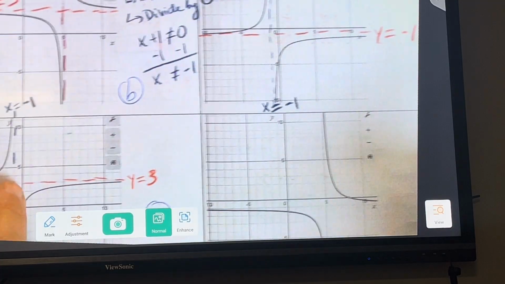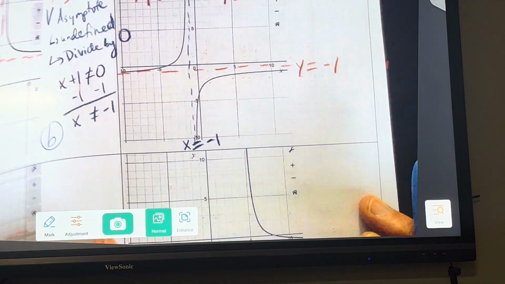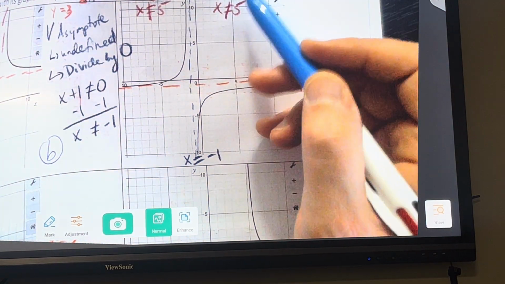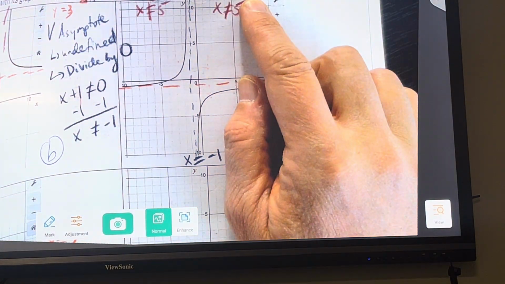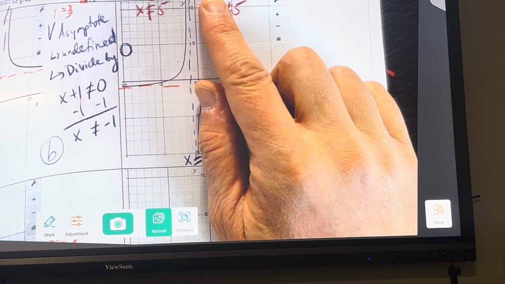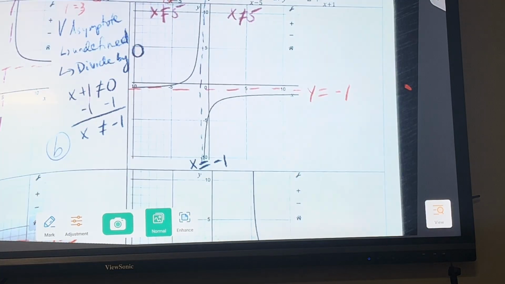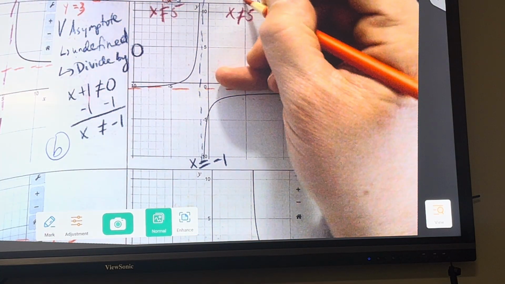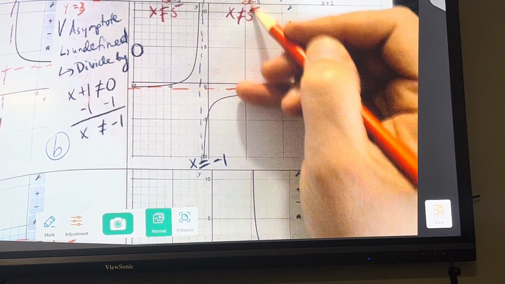All right, let's keep going. Again, plug in infinity, infinity over infinity. Infinity minus 2 is infinity, infinity minus 5 is infinity, infinity divided by infinity is 1. So you're looking at negative 2 plus 1, which is y equal negative 1, because negative 2 plus 1 is negative 1.